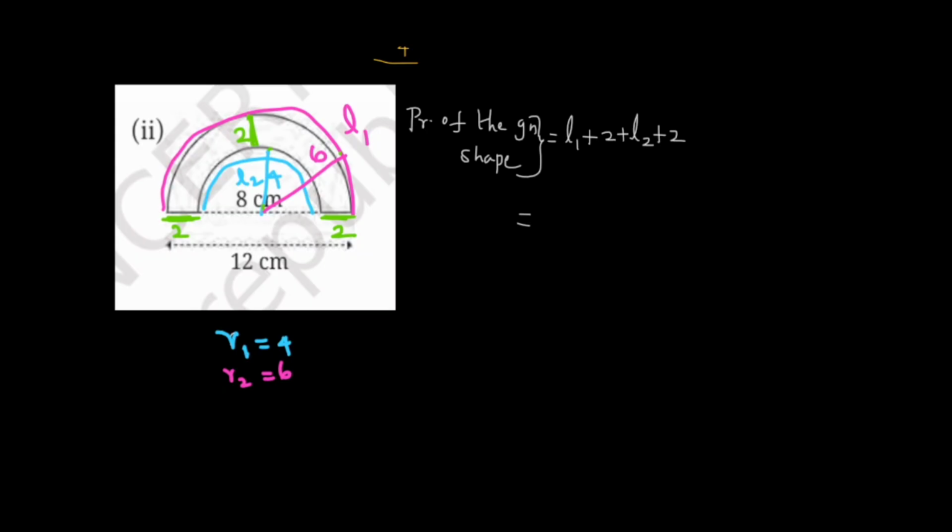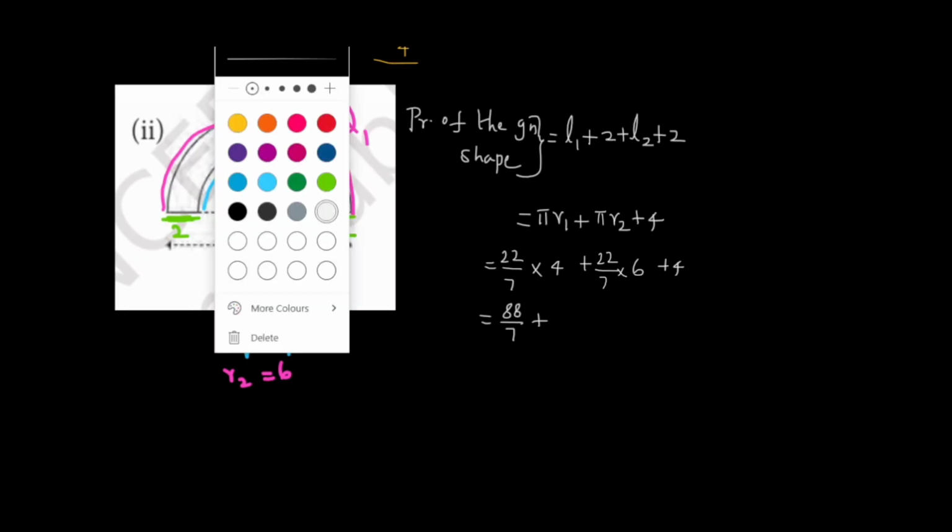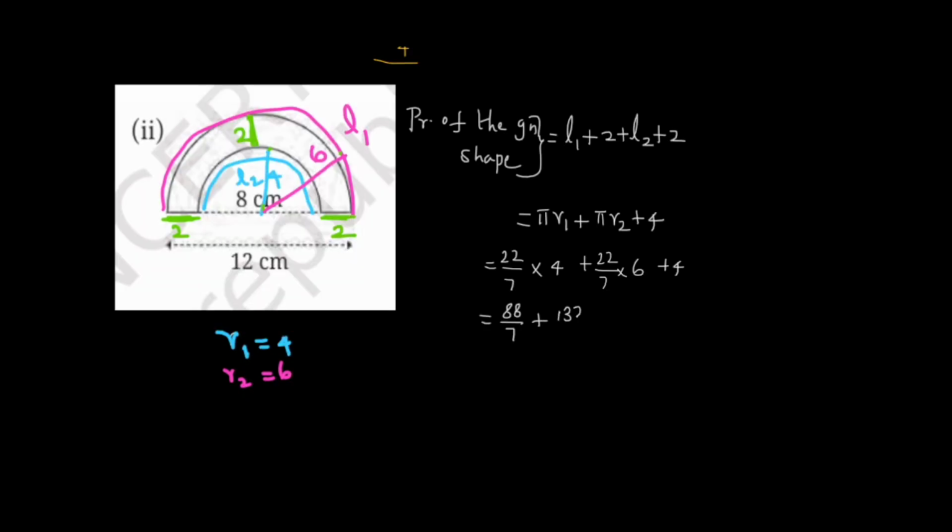So L1 is pi R1 plus L2 is pi R2 plus 2 plus 2, 4. So 22 by 7 into R1 4 plus 22 by 7 into R2 6 plus 4. So 88 by 7 plus 6 into 22, 132 by 7 plus 7 into 4, 28 by 7.